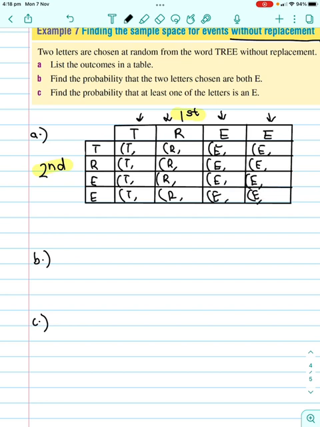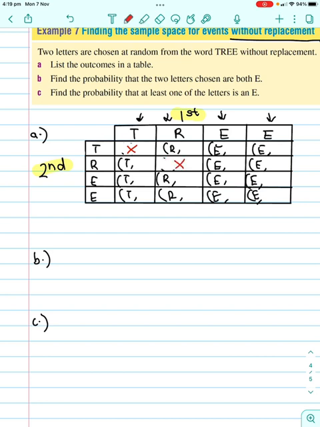So what that means is if I've drawn this T, I can't draw it again because I'm not putting it back. So I can rub that out and I'm going to change it to red, and I'm actually going to put a big red cross in there because that's not possible. If I've taken the T out, I can't draw it out again. The same is going to happen with my R.